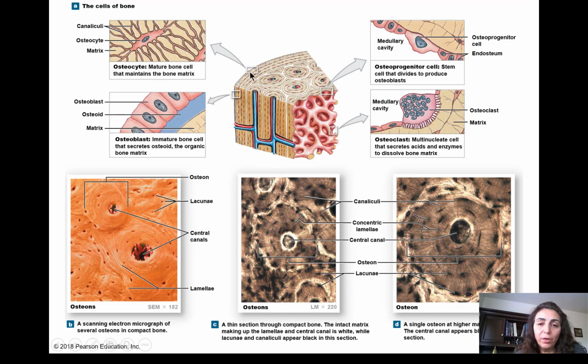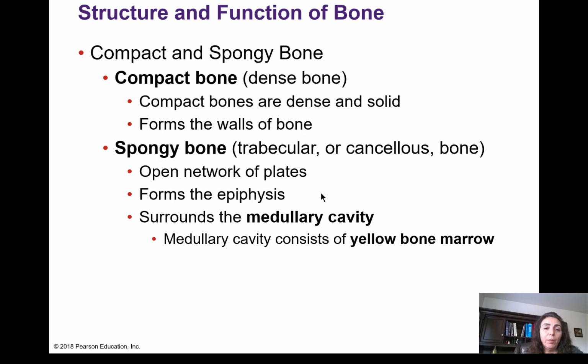You have some lamella around the whole bone, some lamella in the osteon or Haversian system, and some lamella between the osteons, like this one and this one. We're going to see them, and each one has a different name.